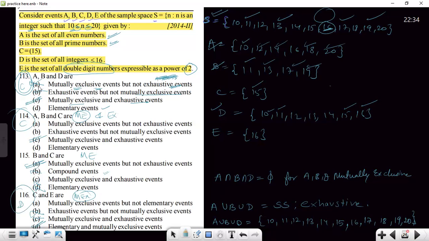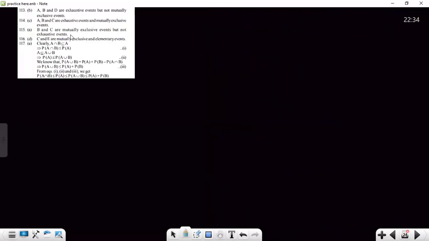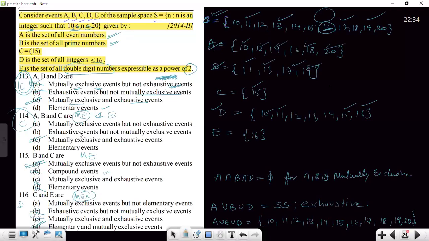What should be our answers? C, C, A, D. Okay. The first one, the 113th, it's not given as mutually exclusive. Let's check whether it is mutually exclusive or not. They have not considered A, B, D as phi because they wanted all of the sets to be disjoint.